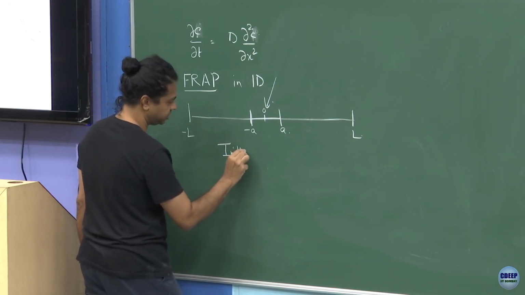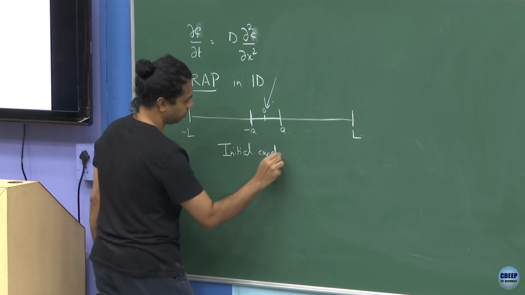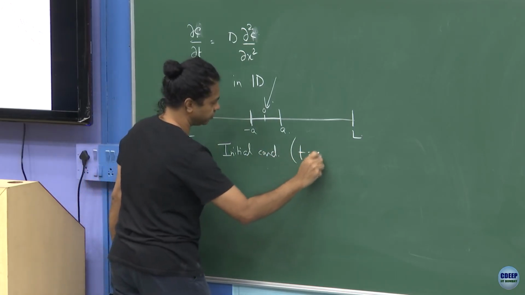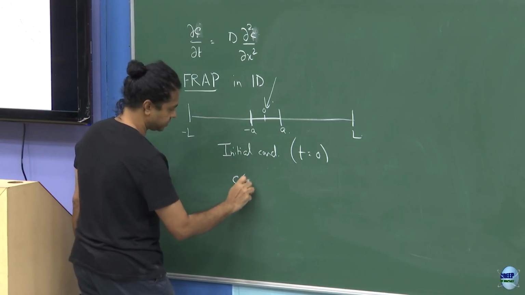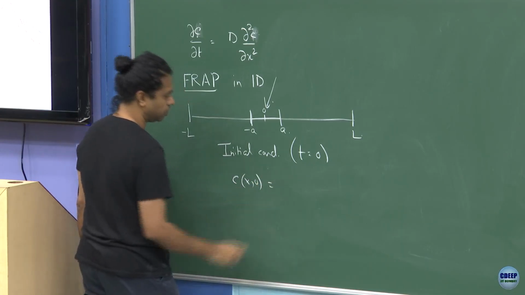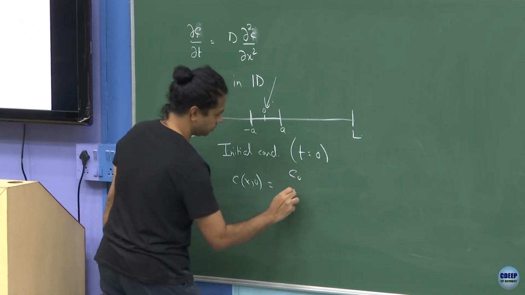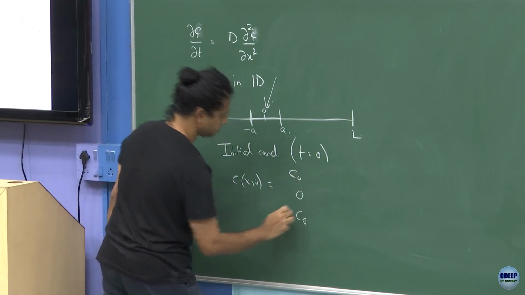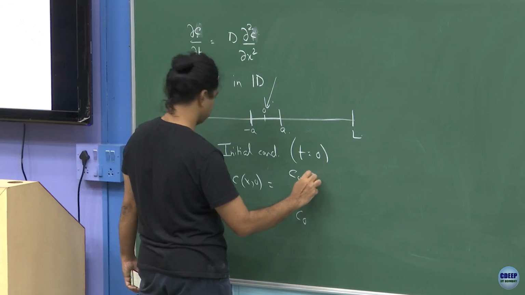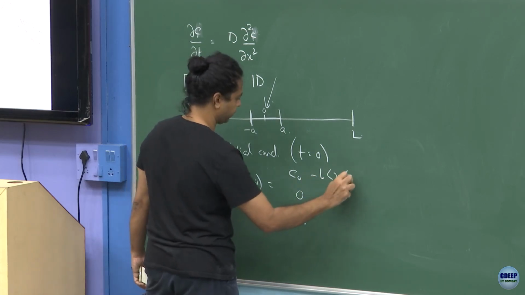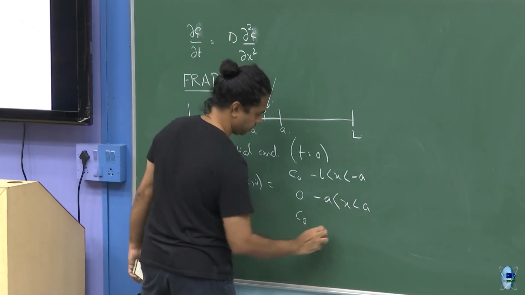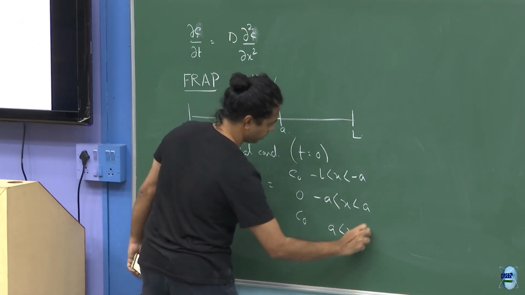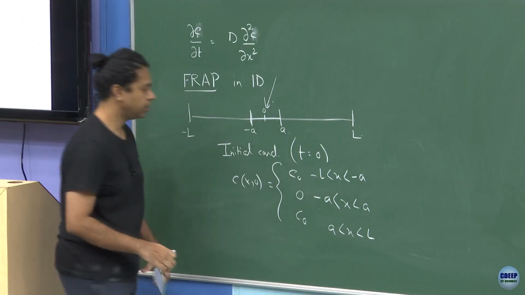So I have an initial condition at t equal to 0, the time when you photobleach, which is C of x comma 0 equal to, let's say, C naught for minus L less than x less than minus a, 0 for minus a less than x less than a, and C naught for a less than x less than L. Okay.